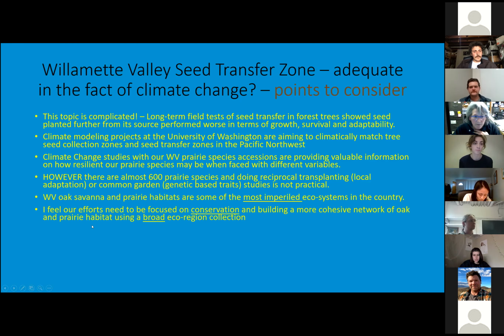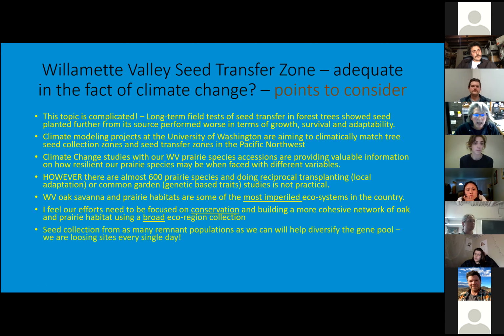And so I feel our efforts at this point just really need to be focused on conserving the sites we have, building a more cohesive network of prairie habitats, using a broad ecoregion collection at this point, and just collect. We're losing our remnant populations every single day. I cannot tell you how many populations we've already lost, of ones that I even know about.